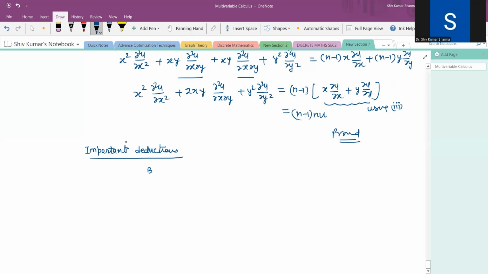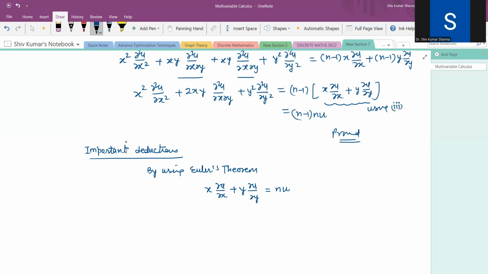By using Euler's theorem, we have x ∂u/∂x + y ∂u/∂y = nu.